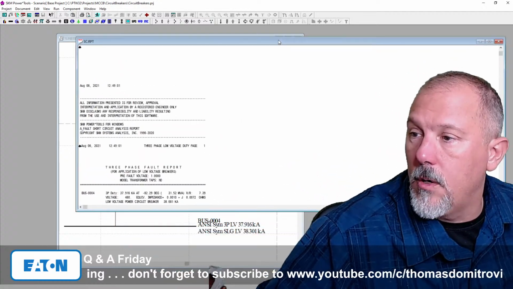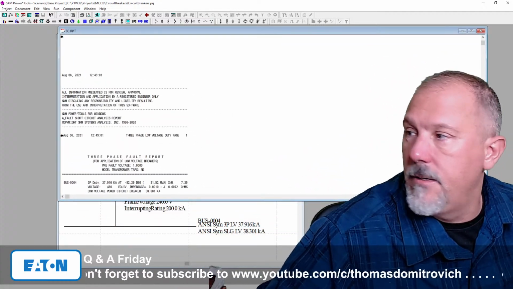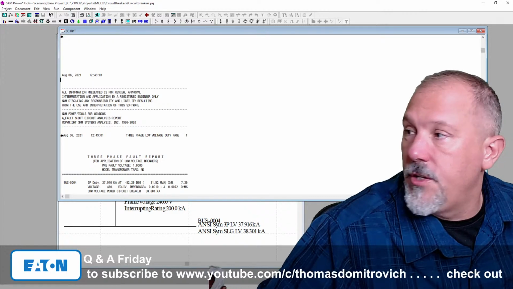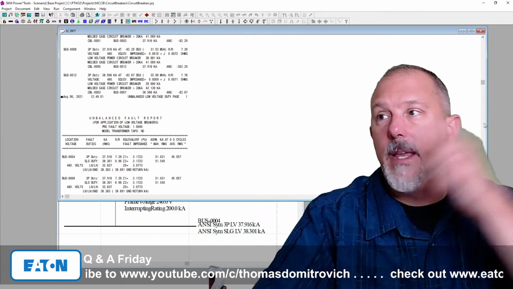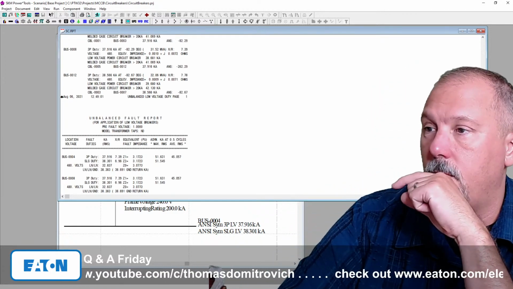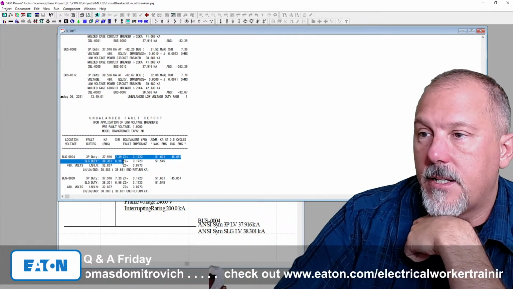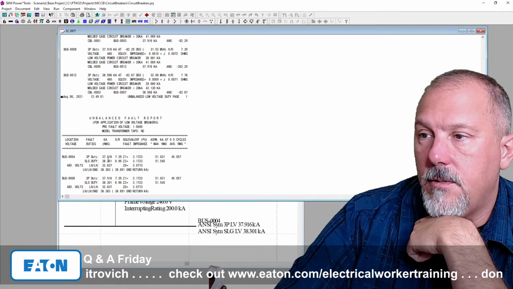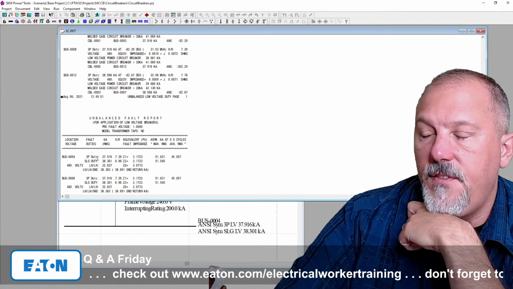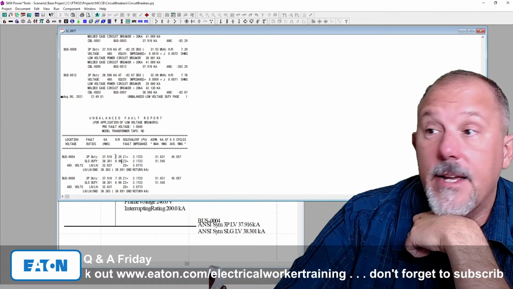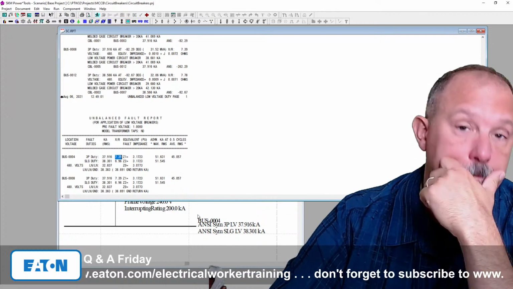This is bus 4. Bus 4 is down here. So let's scroll down. What you'll see is that the X to R ratios will be in these reports. So here's my X to R. Bus 4 has 37,916 three-phase duty, and my X to R ratio is 7.39.